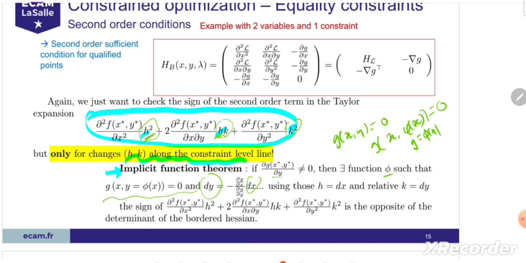If you make the calculation only for the dx and dy defined using this relation, you will find that this corresponds exactly to the opposite of the determinant of the Hessian matrix. So that's the proof. Just to tell you that the magic does not come from nowhere. It appears for very good reasons that you can analyze completely.